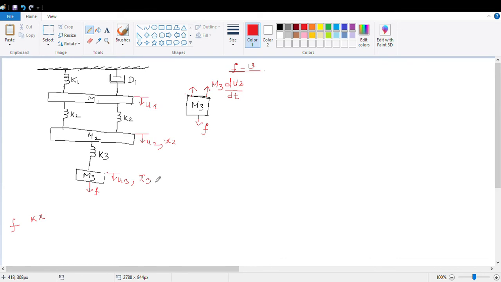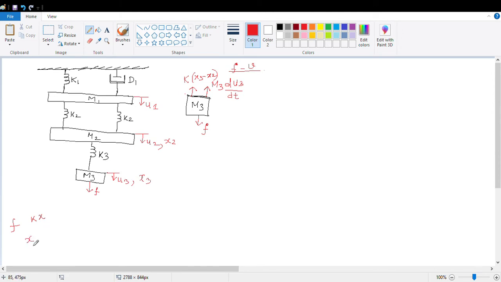So the intermediate displacement values due to these two are x3 and x2. So what is the net displacement? Obviously it is x3 minus x2. Now, as it is given in the form of u3, what is the relation between x and u?